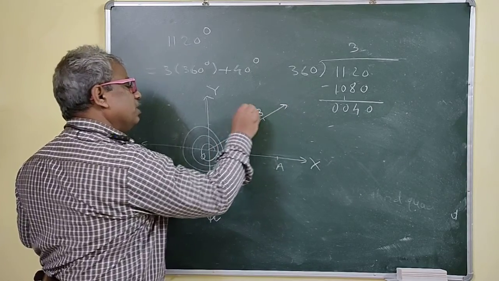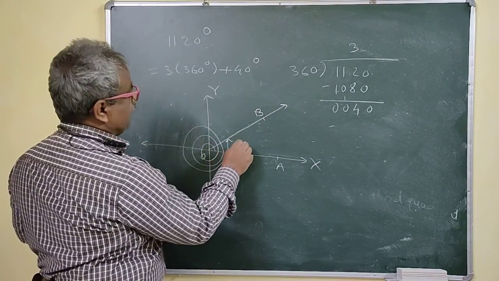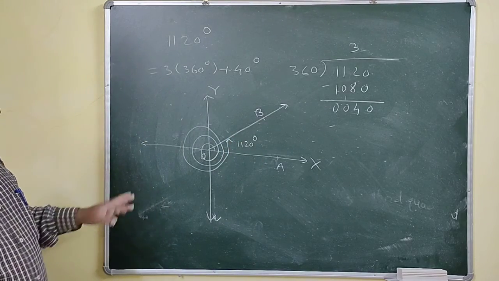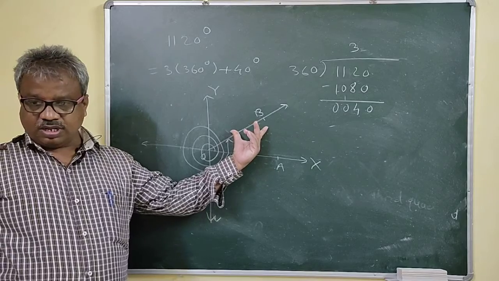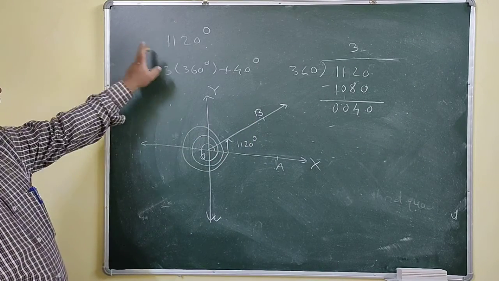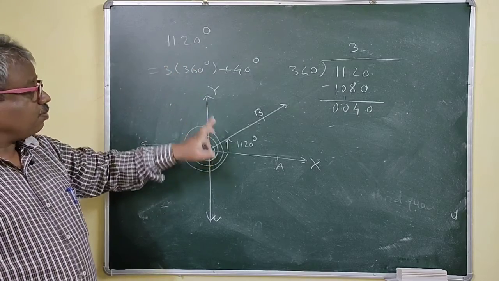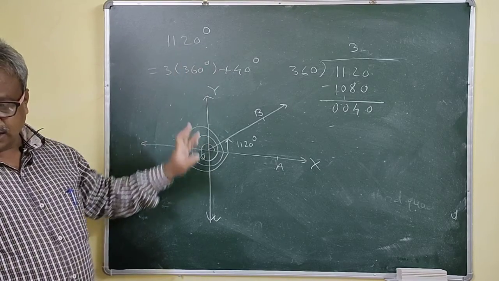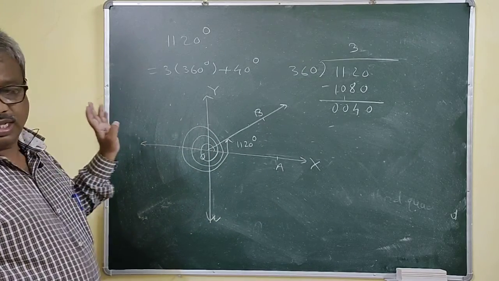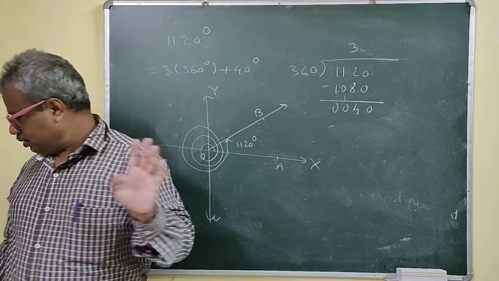This is your B, suppose. This angle is 1120 degree. Where is the terminal arm? In the first quadrant. So conclude: the terminal arm of the angle 1120 degree lies in first quadrant. Therefore, 1120 degree lies in first quadrant, right?